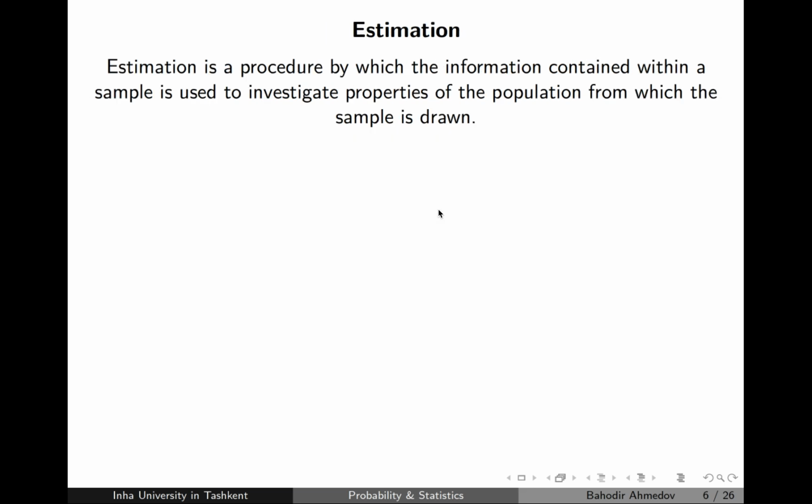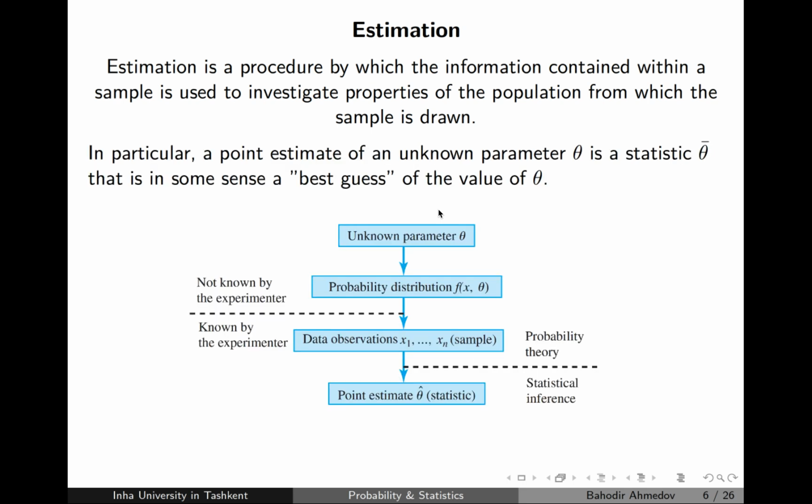Estimation is a procedure by which the information contained within the sample is used to investigate the parameters of the population. Usually in the probability part we talked about before, we had the parameter, and depending on the parameter, we generated the data. For example, if you know p, the probability of success, you can generate a sequence of zeros and ones depending on p.